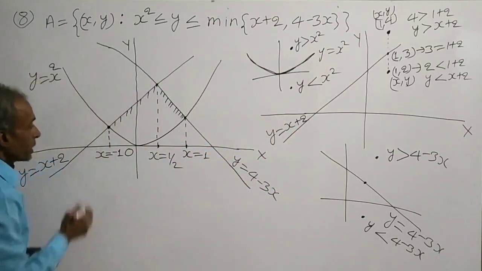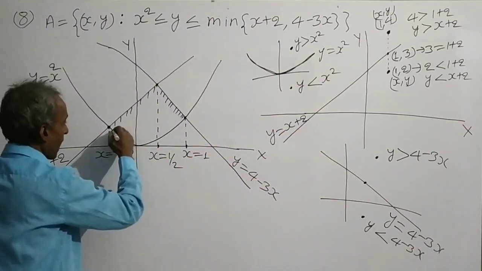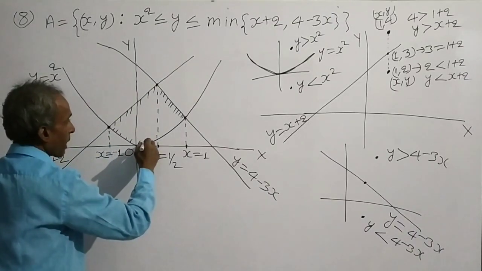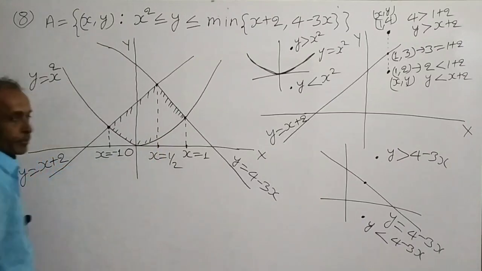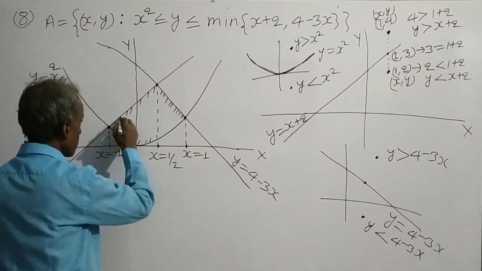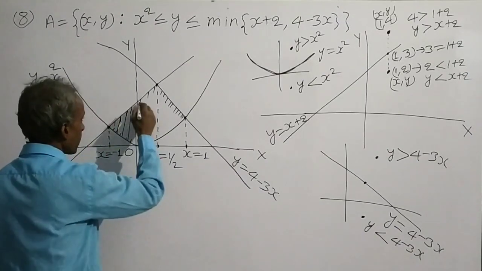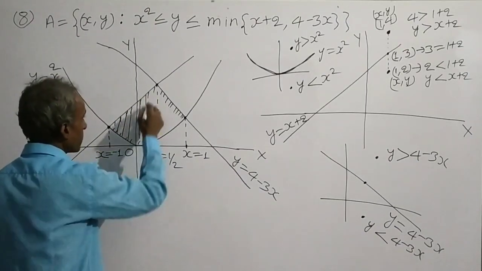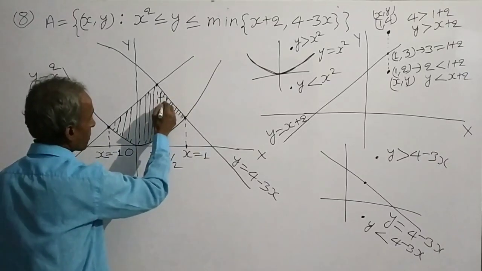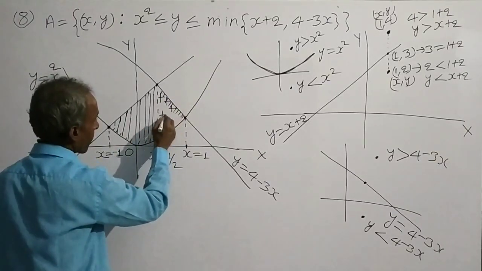That means we have to take the points lying on this parabola or above this parabola. Therefore, we have to find the area of this region.